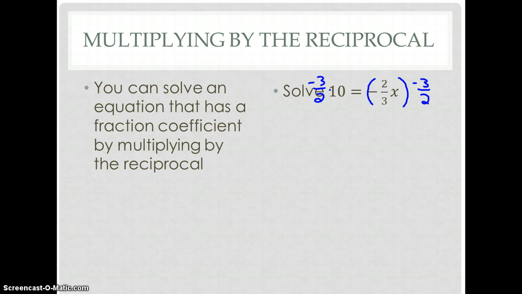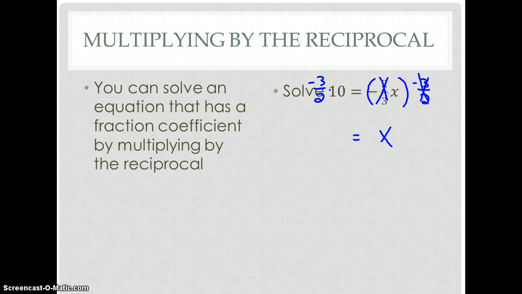The reason we multiply by negative 3/2 is it's going to cancel those two things out. The 3 and the 3 cancel, the 2 and the 2 cancel, the negative and the negative cancel as well, and it leaves us with x. That's why multiplying by the reciprocal is nice.